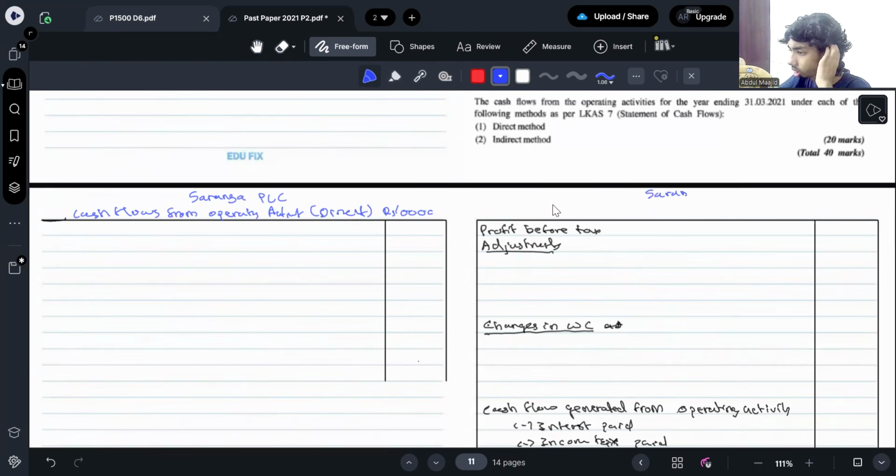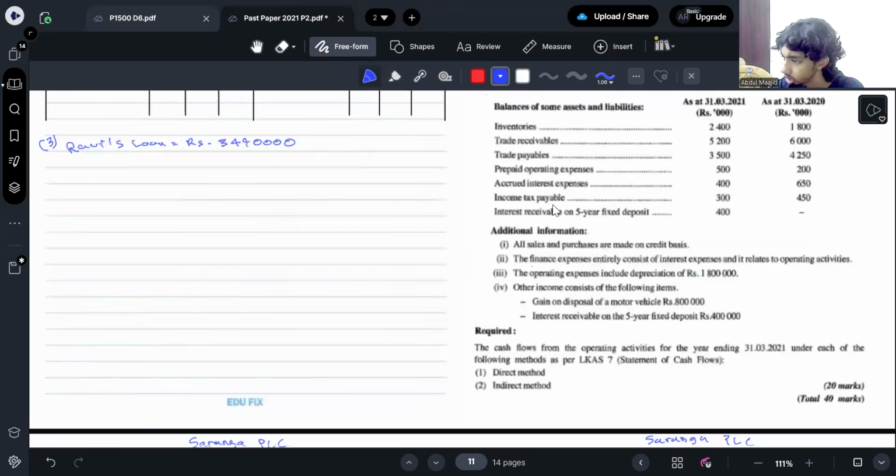Saranga PLC, cash flow from operating activity, indirect method, rupees 1,000. Okay, so let's get started.